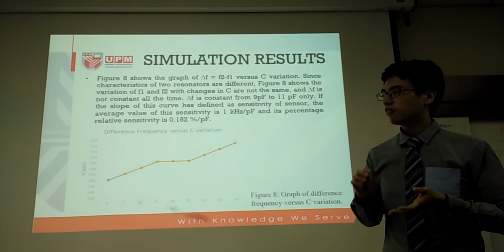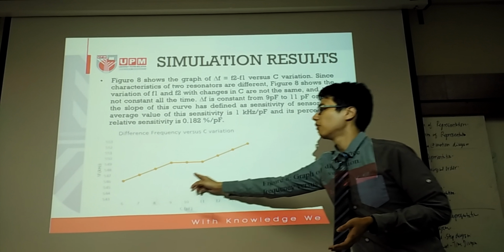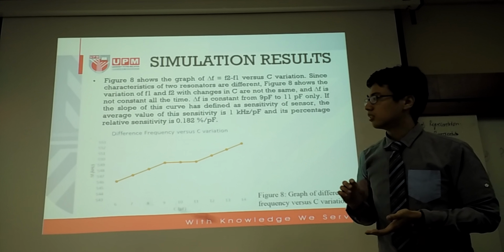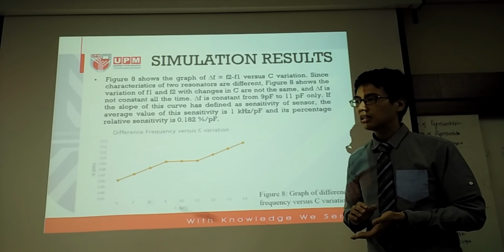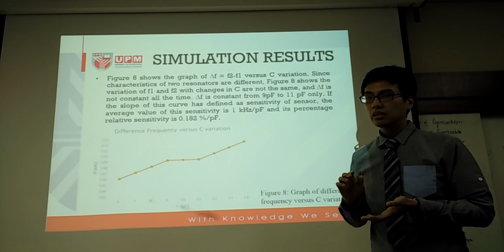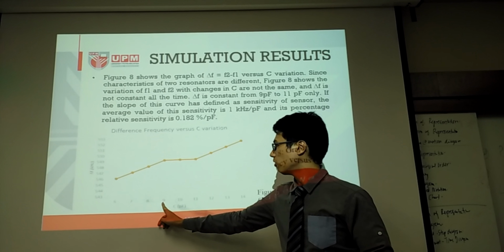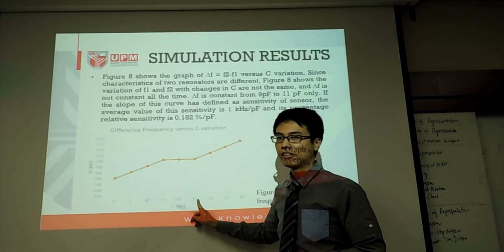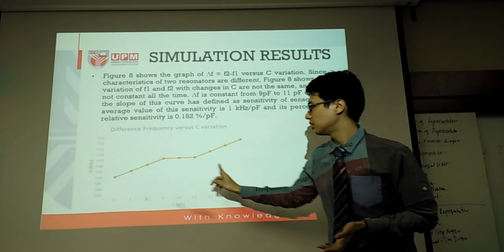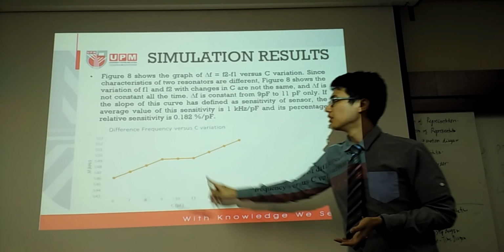The difference frequency in this curve is not constant at all times, except when the gas sensor capacitance is varied from 9 picofarad to 11 picofarad. There, the difference frequency is constant.